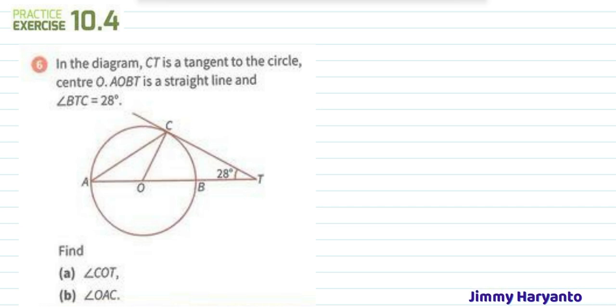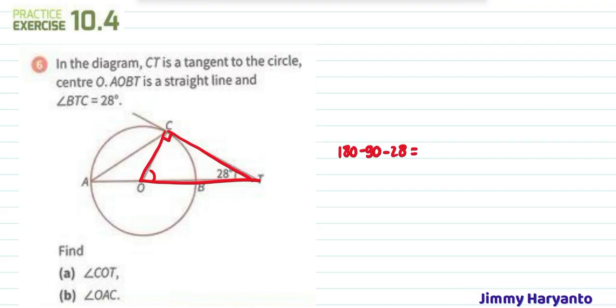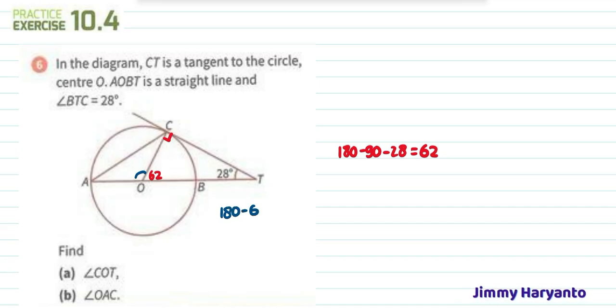Next question is 6. This is the tangent, this is the radius. That means this one is 90 degree. And then I can find this angle using the triangle like this. So 180 minus 90 minus 28 equals 62. So that one is 62. That means I can find this one. 180 minus 62 equals 118.